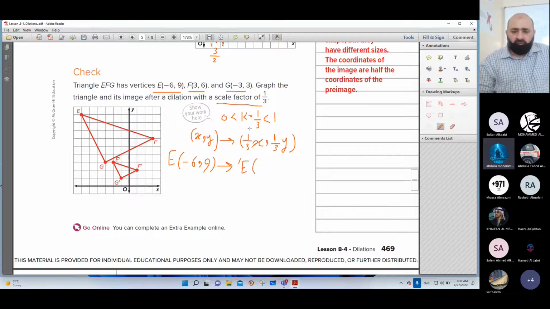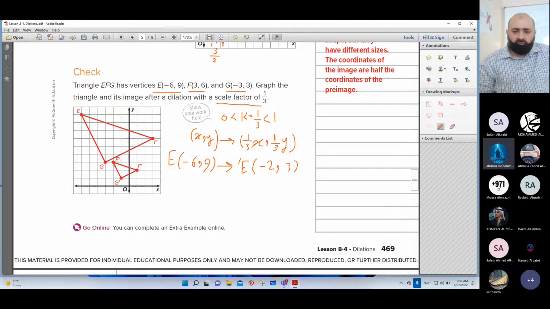Multiply by 1 over 3 means divide by 3. Negative 6 divided by 3 will be negative 2. Then the same idea for the y. 9 divided by 3 will be 3. So E prime will be negative 2, 3.